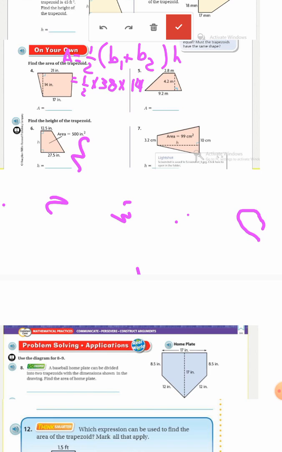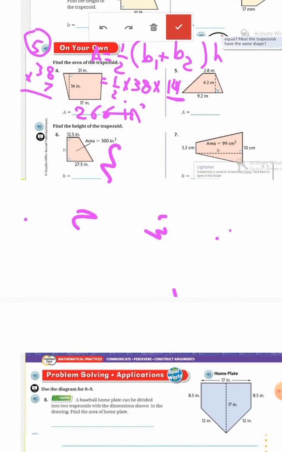Half 38 is easy, but half 14 is easy for us to find that area directly. Half 14 is 7, then we are going to multiply 7 by 38. 7 multiply 8 is 56. 6 and carry 5. 3 multiply 7, 21, plus 5 is 26. Do not forget to write inch square.